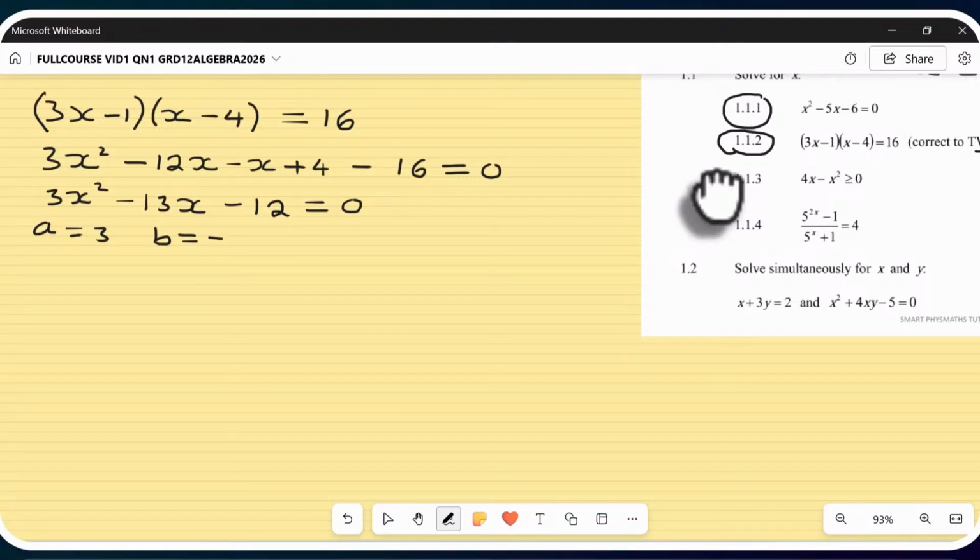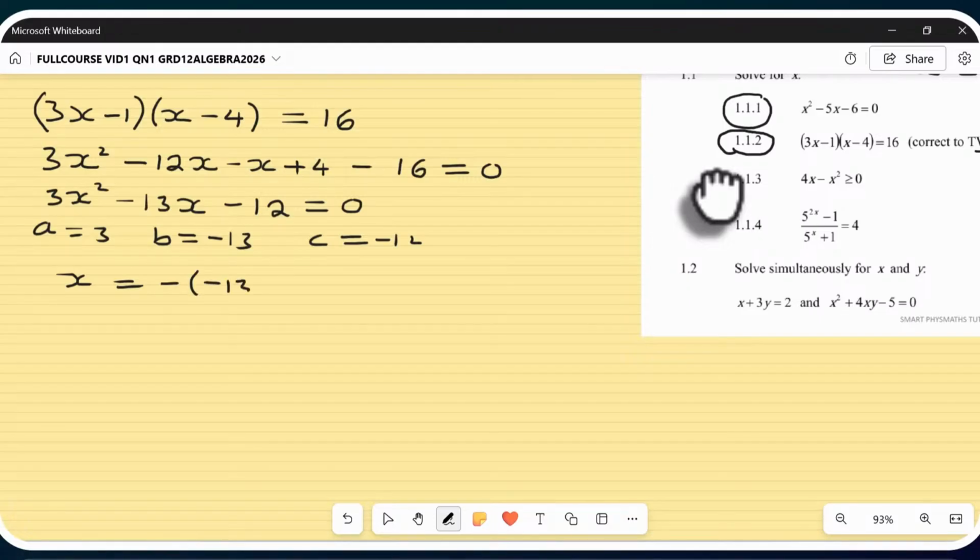What does the quadratic formula say? That x equals minus b, and in this case our b is negative 13, that's why I'm putting a bracket, plus or minus the square root of b squared minus 4ac.